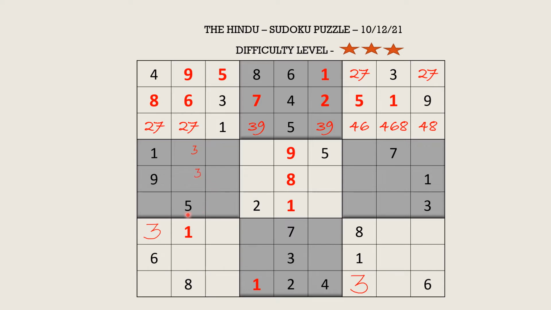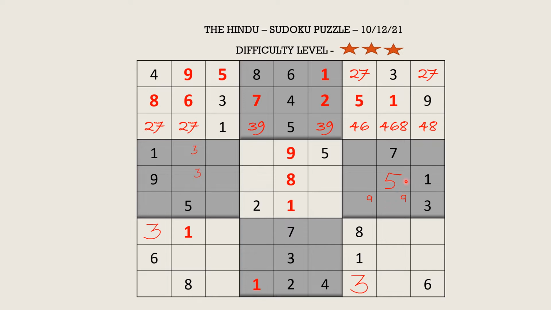If you take 5, this 5 blocks here and this 5 blocks here, and we have a 5 blocking from here. So this cell takes 5. Taking 9, this 9 blocks here, this 9 blocks here. We have these two cells possibly taking 9. So let's mark it with small 9.